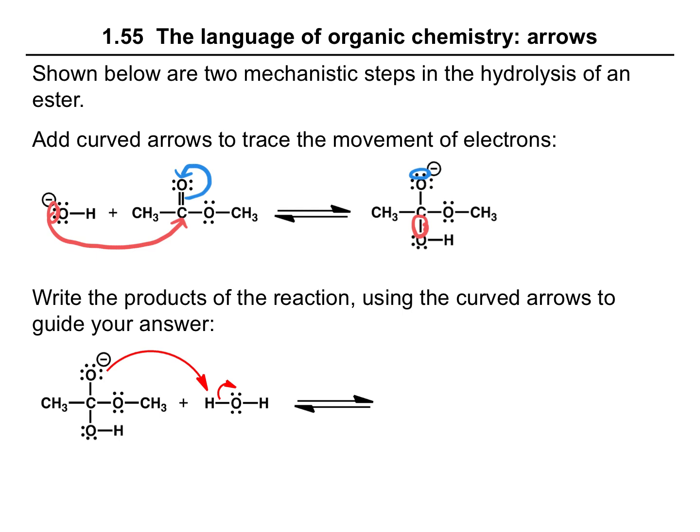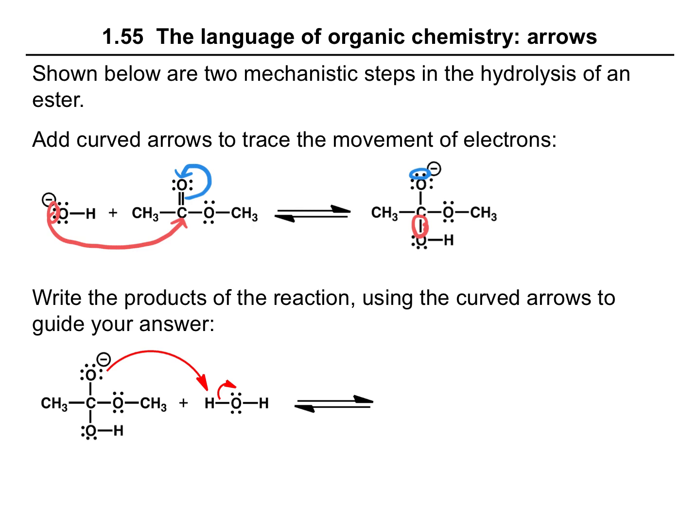So even though we don't know anything about this reaction or why it happens or what type of reaction it is, we can still follow the movement of electrons to see the changes that happened. And we can use curved arrows to demonstrate that.